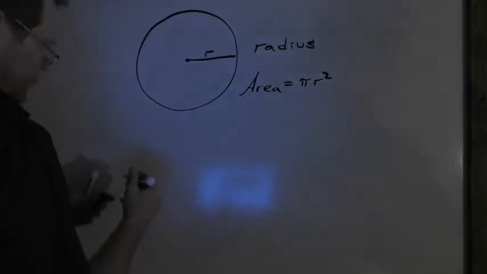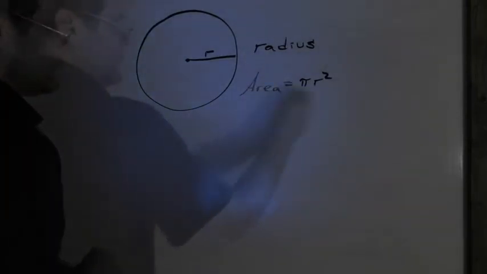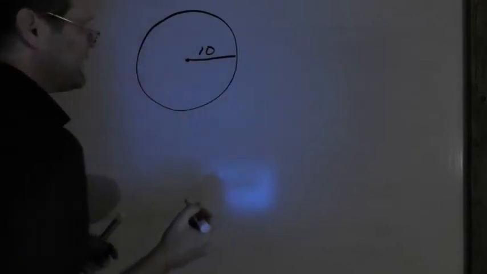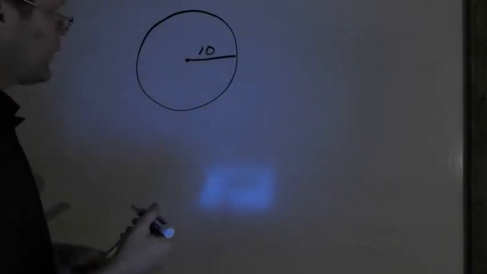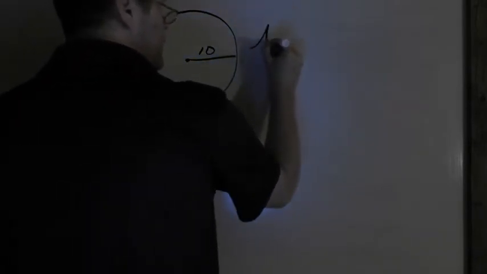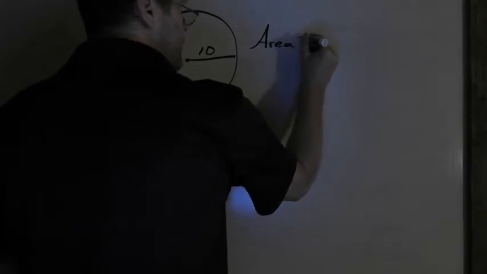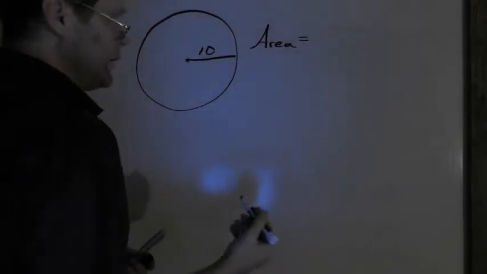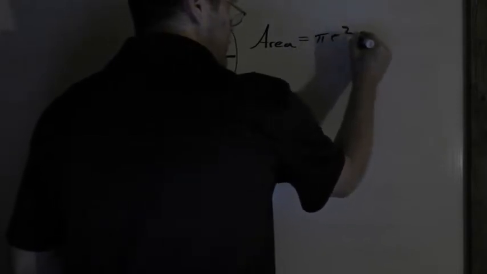Let's go ahead and try a circle problem here. I'm going to replace this with a 10. Looking up here, our formula: area is equal to, and you'll remember, pi r squared.